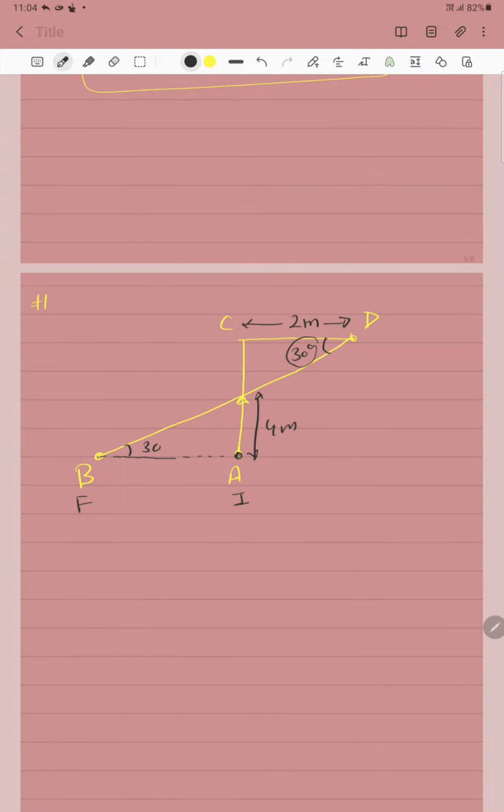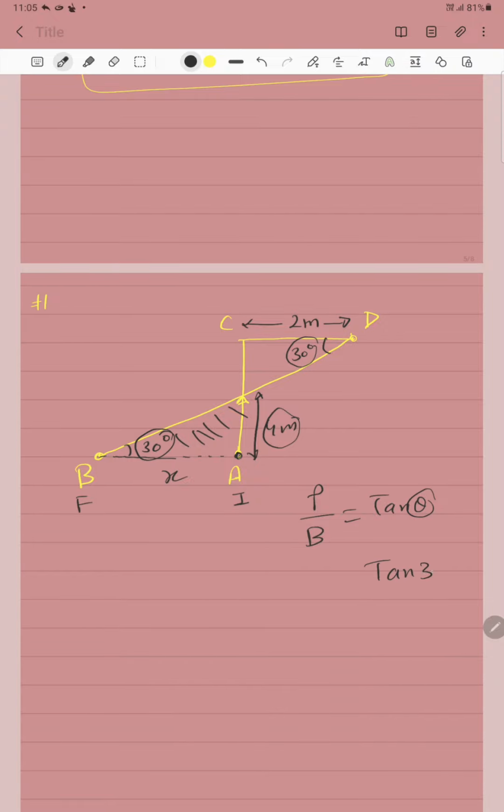So if this angle is 30 degree, if you construct this will be again 30 degree, and you can easily see now we are having a triangle, right, in which one side is given, this is 4 meter. We need to calculate this x, right? So this 4 meter is basically a perpendicular. So if I apply perpendicular over base, it will be tan theta, and in place of theta this is 30 degree, right?